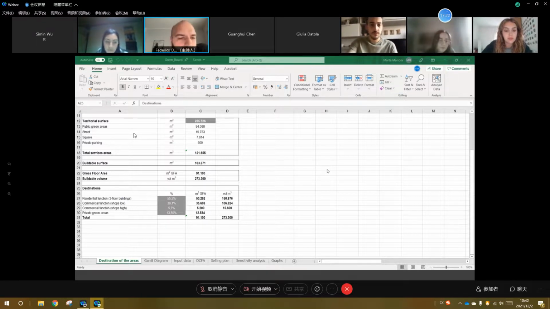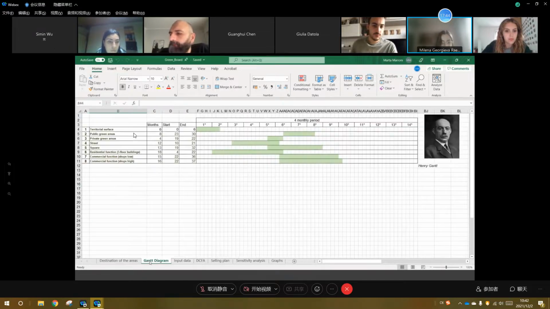Because we watched some of the other people's reviews, we now moved the private green areas to the destinations part, because before we wrote it in the territorial surface. Basically this is the information for our area. Here we don't make any new changes. Can you go to input data?